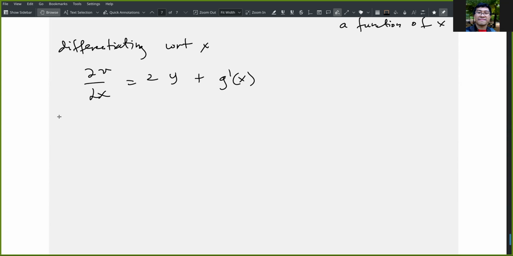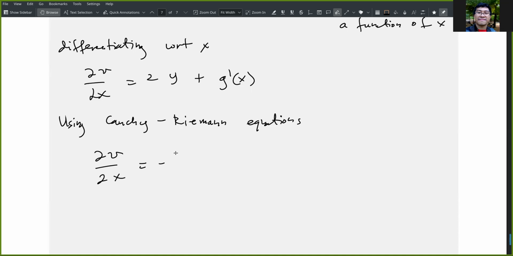And once more, we use the Cauchy-Riemann equations. Partial v with respect to x equals minus partial u with respect to y.